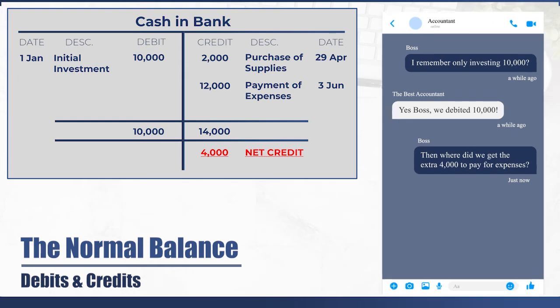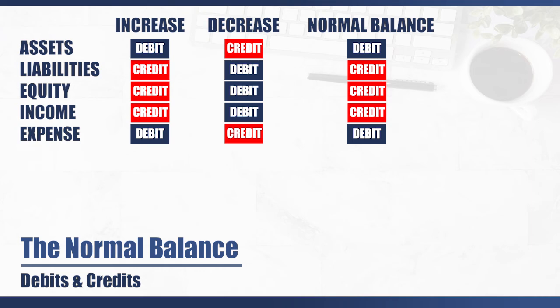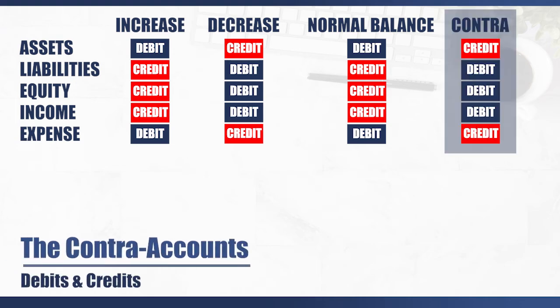Does this rule come without any exceptions? Of course not. One main thing that comes to mind are the special kind of accounts that we call contra-accounts. Contra-accounts, as the name implies, are accounts within an element that has a normal balance that effectively decreases that element. Hence the term contra, which is actually a Latin word that means against. It means that contra-asset accounts increase through a credit.